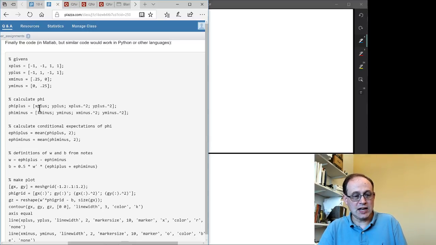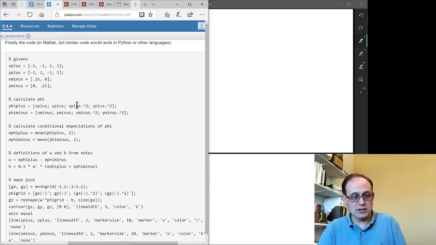Then we can calculate the feature function applied to each of our data points. So x plus and y plus are two row vectors corresponding to the x and y coordinates of the positive examples, and similarly for x minus and y minus for the negative examples.